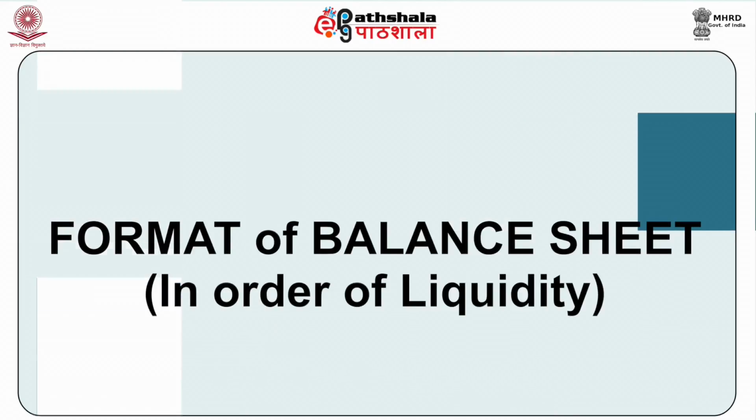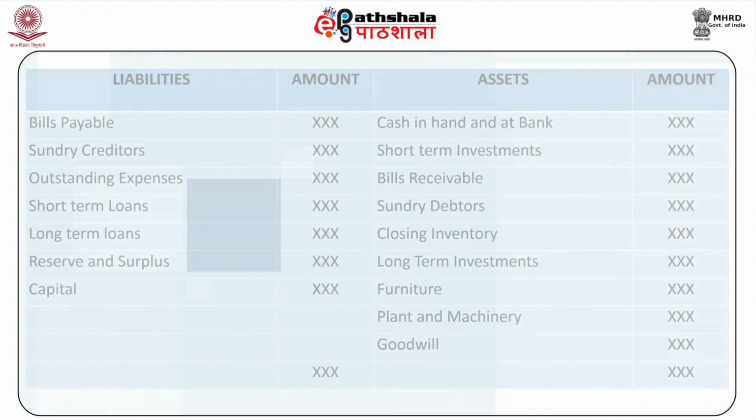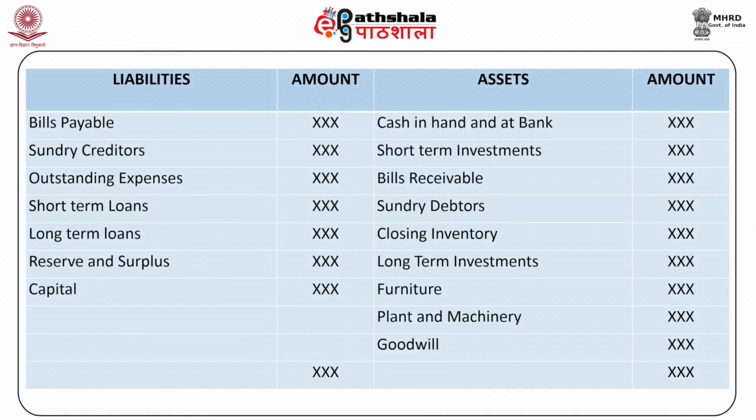Format of balance sheet in order of liquidity. Liquidity means the most liquid assets like cash are shown first and the least liquid assets like goodwill are disclosed last. Now look at the format. On the right hand side you see assets starting with cash in hand, cash at bank, short term investments, bills receivable, sundry debtors, closing inventory, long term investments, furniture, plant and machinery, goodwill, and the total at the end.